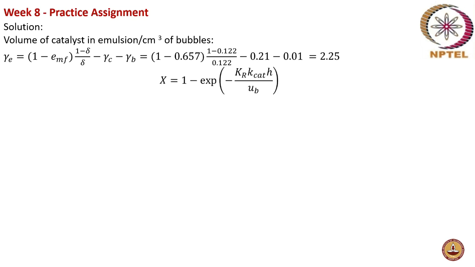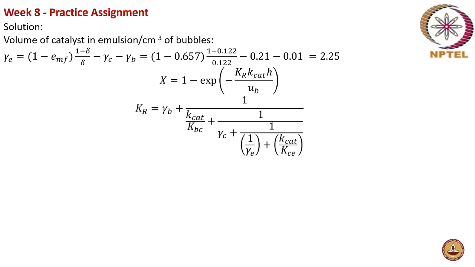Now the conversion is given by x is equal to 1 minus exponential of minus kr into k catalyst into h by ub, where kr is the overall coefficient and k is your specific rate constant, which is also given, h is the height of the bed and ub is the velocity of the bubble.